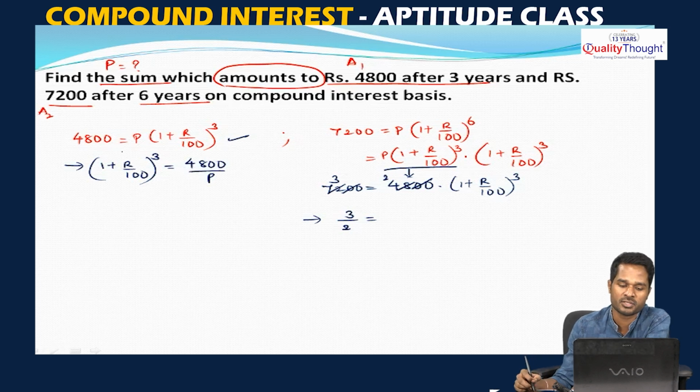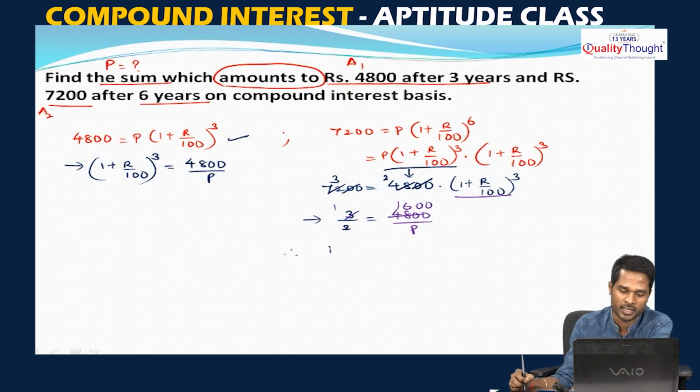I will substitute this value here in this place, where (1 plus r by 100) whole cube is 4800 by P. Now cancel it. This is 3 1s are 3, 16s are 48, 2 zeros. Now go for cross multiplication.